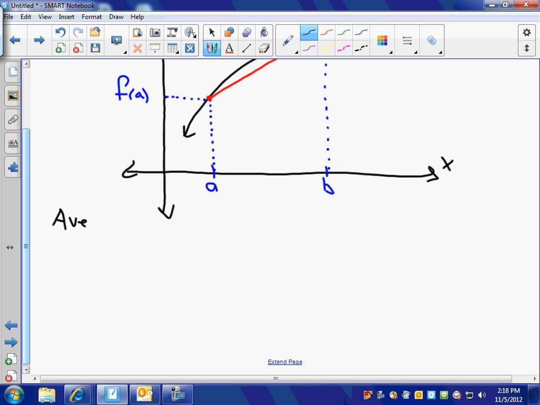Average rate of change equals delta y over delta x. Delta looks like a triangle. It's the Greek letter for D, capital D. Okay.